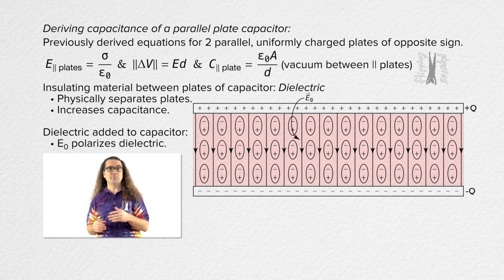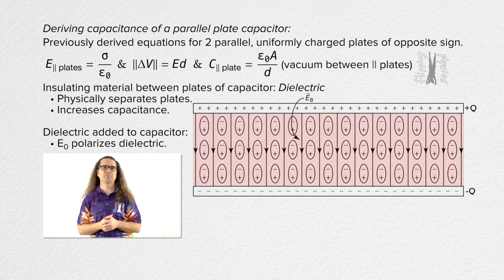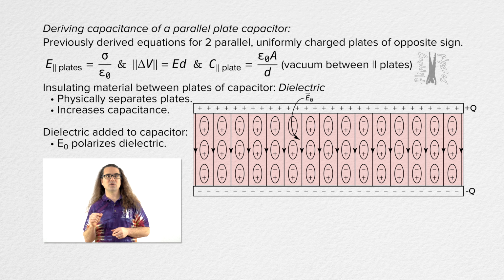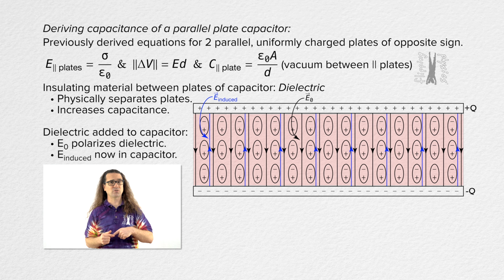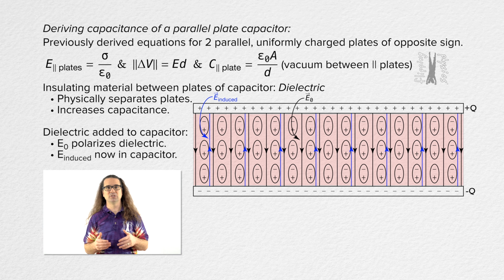The positive sides of the molecules in the dielectric material are attracted to the negative plate of the capacitor, and the negative sides of the molecules in the dielectric material are attracted to the positive plate of the capacitor. This polarizes the dielectric, and the polarized molecules in the dielectric induce an electric field opposite the direction of the original electric field E0. The induced electric field caused by the dielectric is in blue.